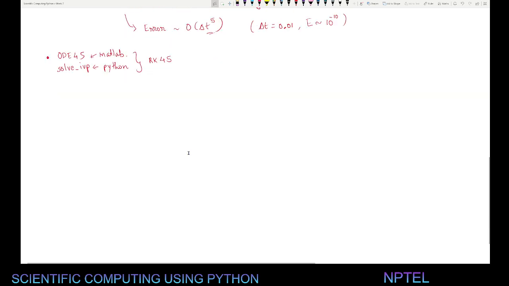All right, then the next thing that we looked at was multi-step methods.